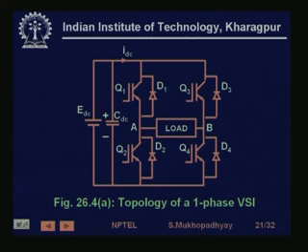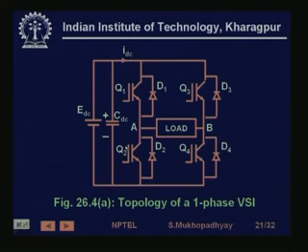So you see, we can have two kinds of inverters. One is a simple inverter, single phase, where you have a DC source. This DC actually comes from the controlled rectifier, but at this point we are simply modeling it as a simple battery, and then you have these switches and diodes in anti-parallel, and this is the load.